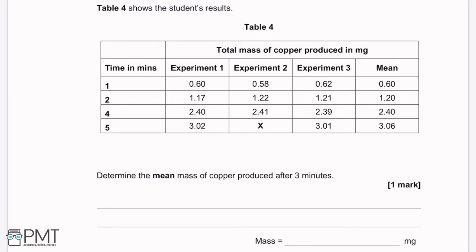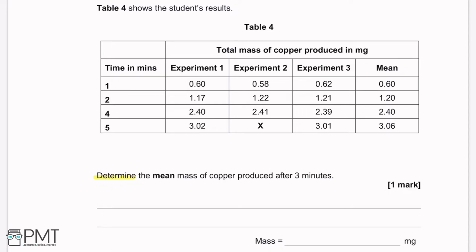So, this question asks us to determine the mean mass of copper produced after 3 minutes. Now, notice the command word for this question is determine, not calculate. Okay, so that's telling us that in the mark scheme, there is actually a range of possible answers that we're allowed.